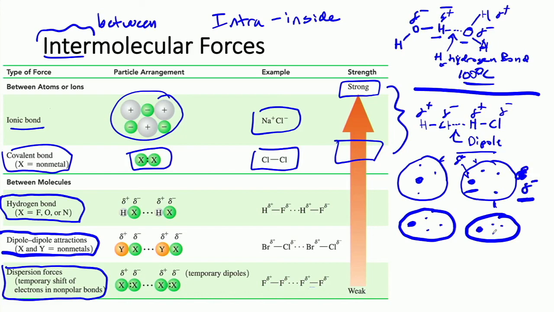So now we have two sets of nuclei and electrons that have become partially positive and partially negative: partially positive, partially negative, partially positive, and then partially negative.